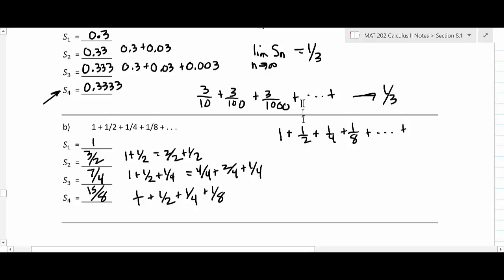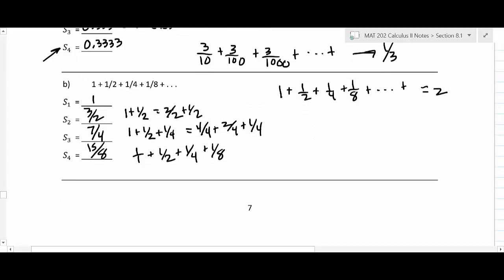It looks like 15 is almost double 8, so they're just getting close to that number 2. So it would appear that that's going to 2. That doesn't prove anything. It appears to be, that would be our conjecture. Then we would have to analyze and prove that. So that would be the idea of the partial sum.